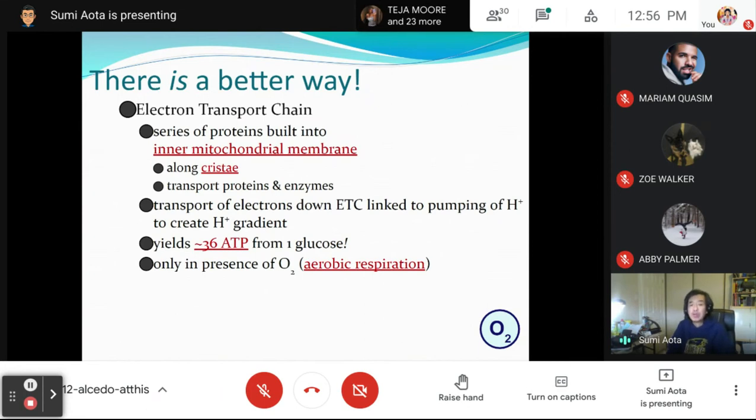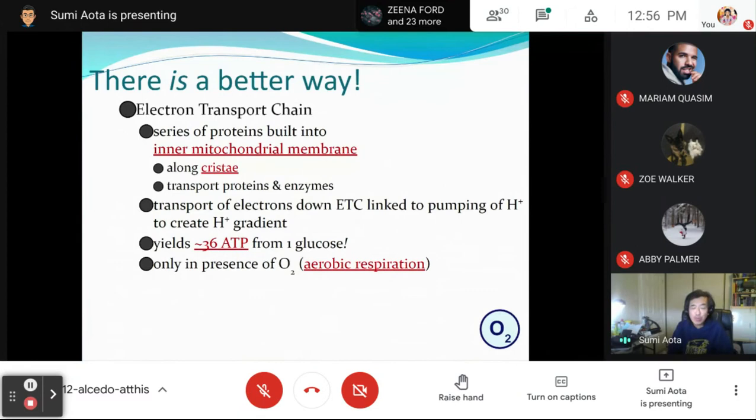What they're going to do is transport electrons down this chain, and we're going to link the redox reactions of these electrons to pumping hydrogen. It's a similar idea to secondary active transport.